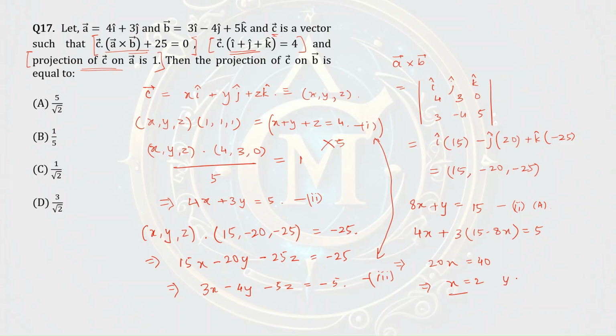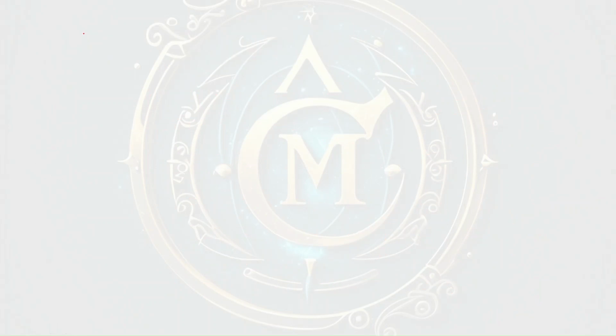And similarly, y is equal to 15 minus 8x, so minus 1. And then z is equal to 4 minus (x plus y). So x plus y is 1 and 4 minus 1 is 3. So our vector C becomes (2, minus 1, 3).